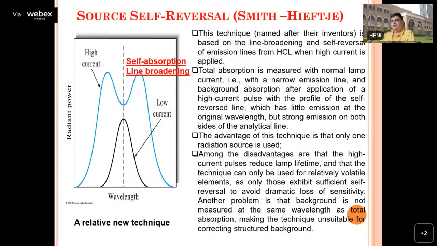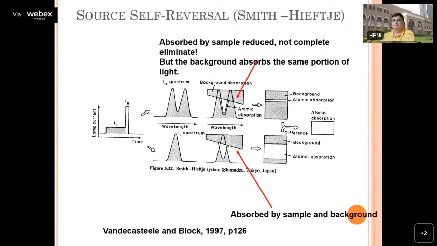And as I told you, the Smith-Hieftje correction is not a very popular one because it needs an increase in current, because you have to carry out the measurement at a higher current, and that's how it decreases the expected life of your hollow cathode lamps.